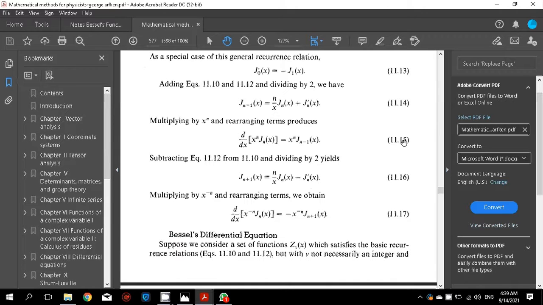This is equation 11.15 and equation 11.17, giving us two more recurrence relations.